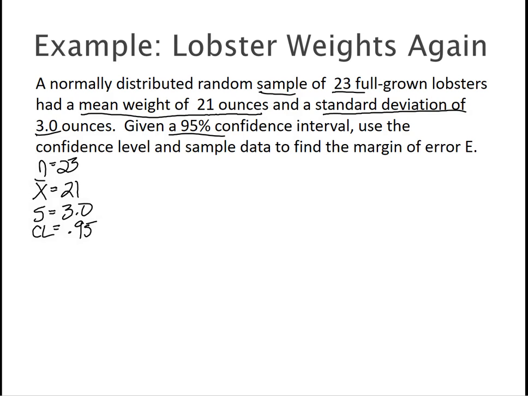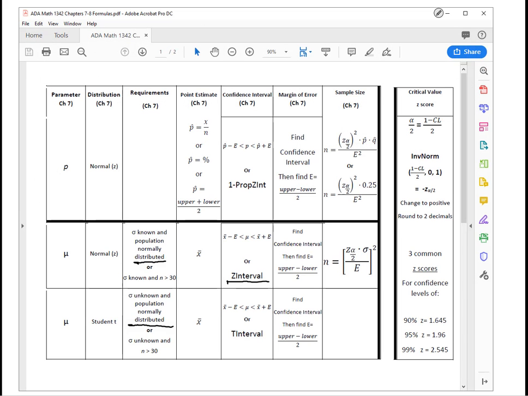All right, so I know the information that I'm given. Now I need to decide between Z and T. Again, early in this video, we saw the formula chart and looked at the requirements for Z or T. So let me bring that up just to remind ourselves real quick.